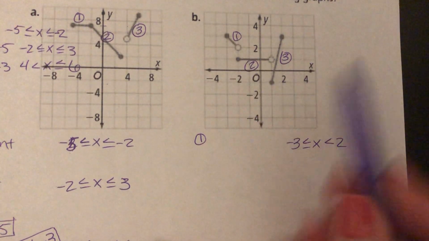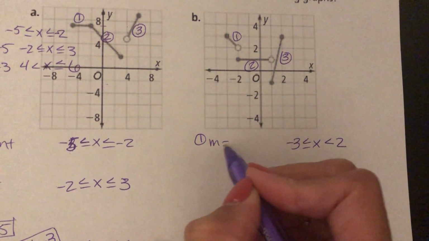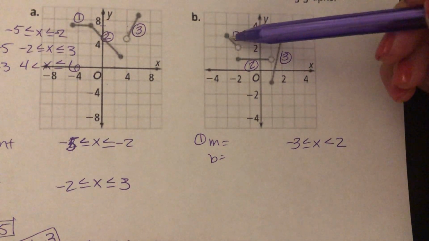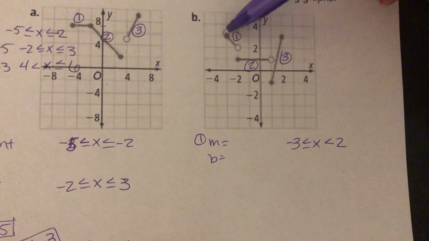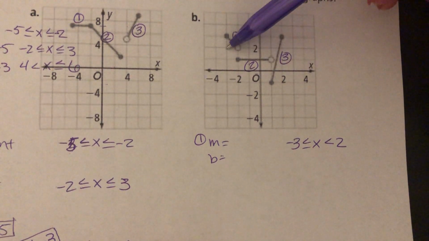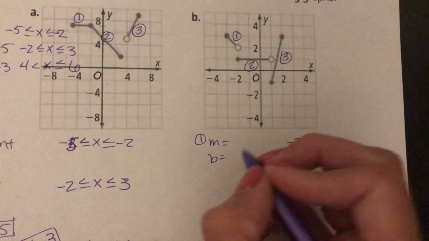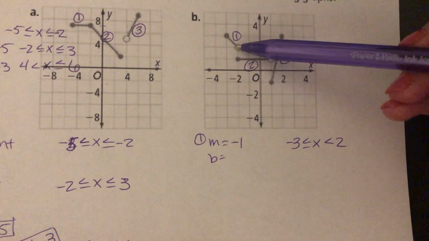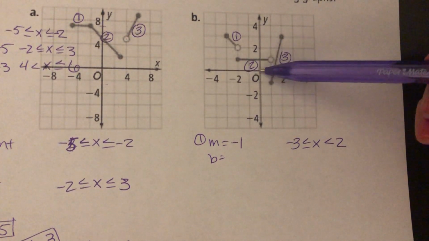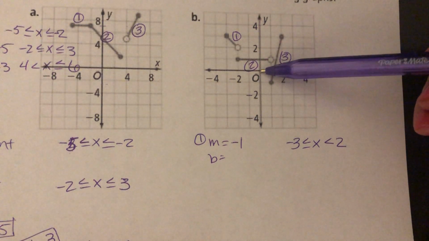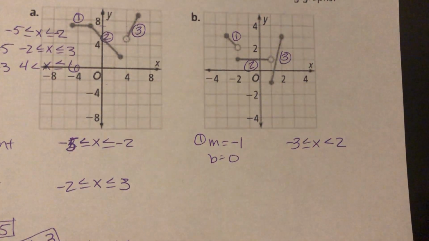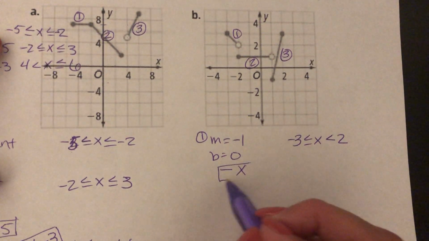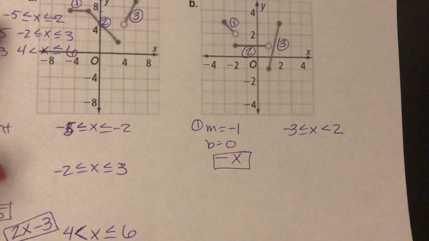It's linear, so I need to find my m and my b. This is a negative line, so a negative slope, so down 1 over 1, -1. If I keep going, down 1 over 1, down 1 over 1, I hit the y-axis at 0. So that would just be -x plus 0. So just -x will work.